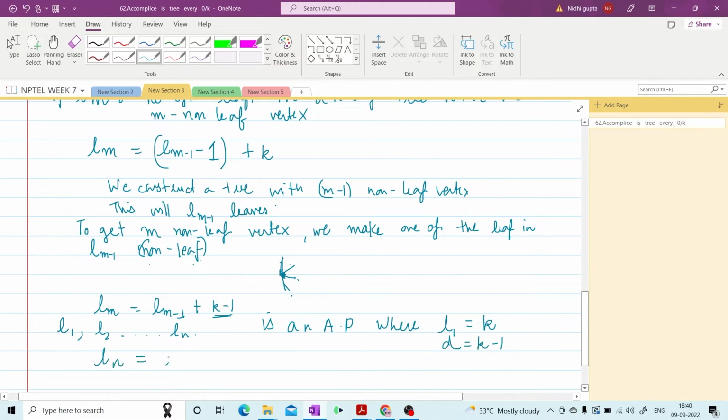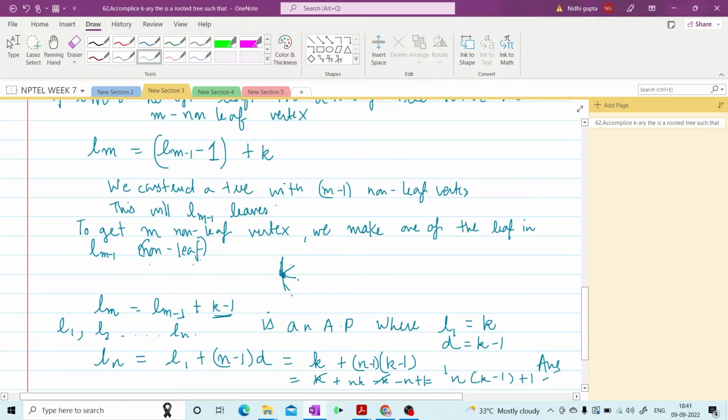It is just first term plus (n minus 1) times the common difference, which is k plus (n minus 1)(k minus 1), and if you further solve it, you get k plus nk minus k minus n plus 1. The k gets cancelled, and you are left with n(k minus 1) plus 1. So this is our final answer.